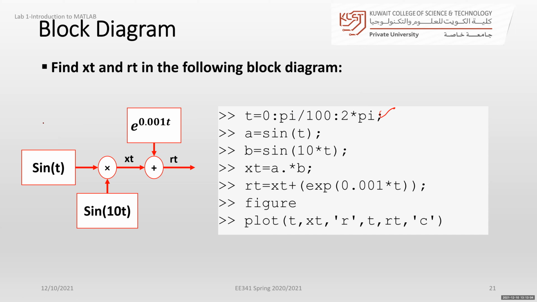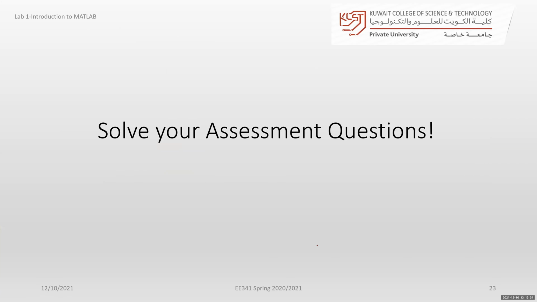As this is sinusoidal, for this we always have to define the increment in pi. Okay. Then the first function sine of t, this one, the second function sine of 10t, and then x of t, this is the multiplication of the two. Then r of t is x of t plus the exponential function. Then plot, this will give me the first plot, this will give me the second plot. Okay, so here, that's it.